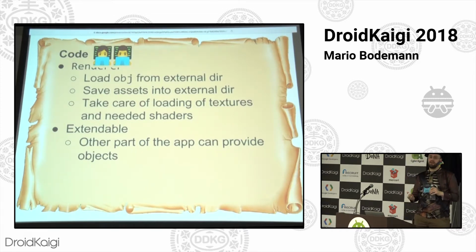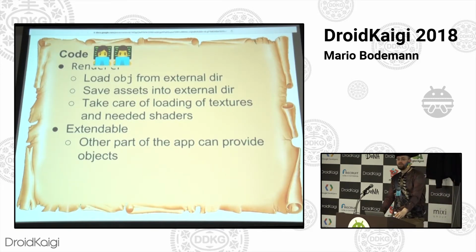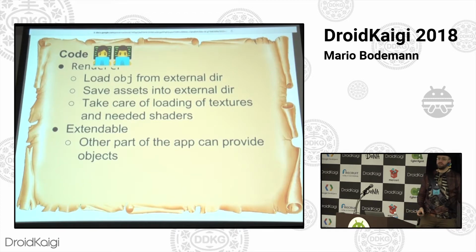So every part of the app can now contribute to creating 3D objects and textures and make the renderer aware of it. This is how I introduced the 3 other objects, by just providing a way of finding them in an external directory and not relying on the assets.